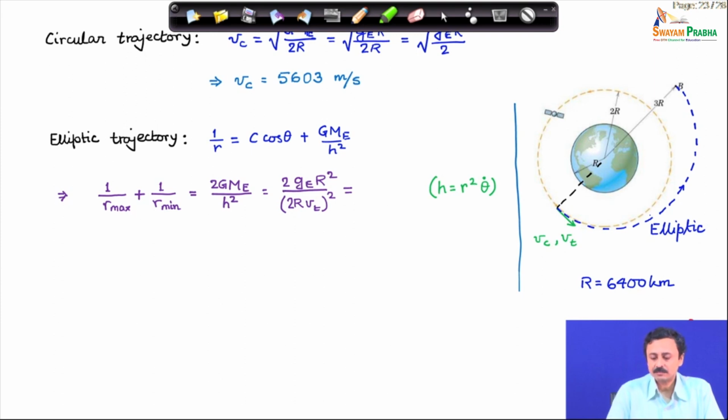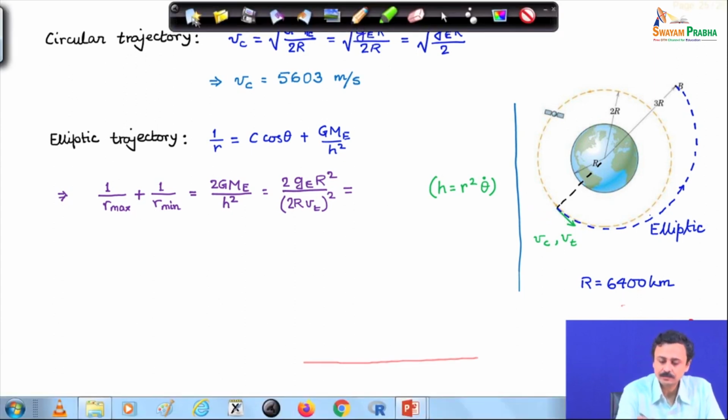Because the satellite is at a distance of 2r here from the center of the earth, from the focus, and on the elliptic path its velocity is going to be v t.